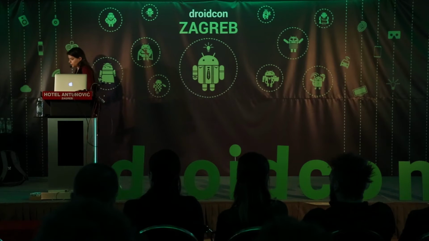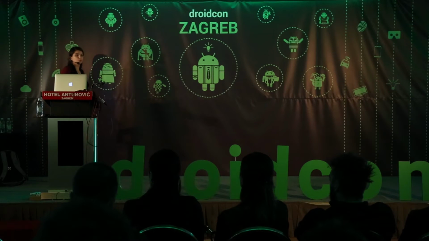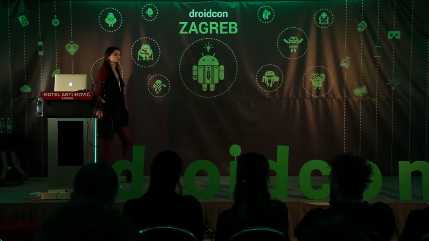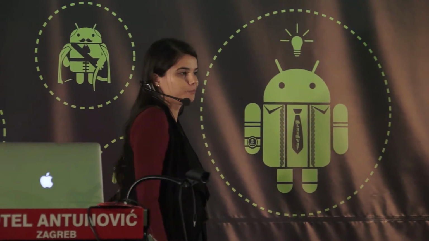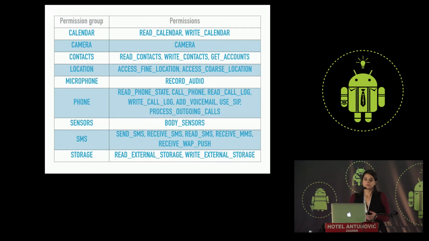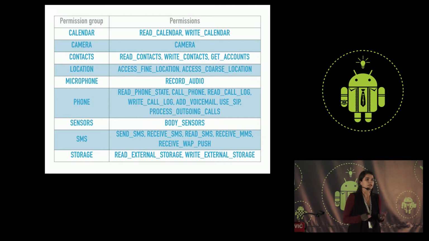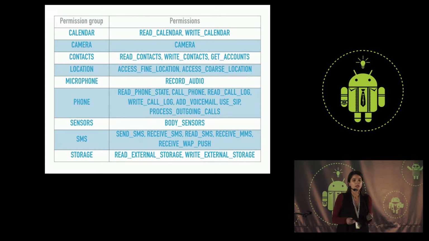And you might already know that internet permission is not in this group of dangerous permissions. There was quite a debate about internet when this was published, because internet permission got sort of downgraded from dangerous to normal protection level in Marshmallow. The answer from a Google representative was that users' private data is already protected with these dangerous permissions in this table, and there's no need to cut off data for the user.